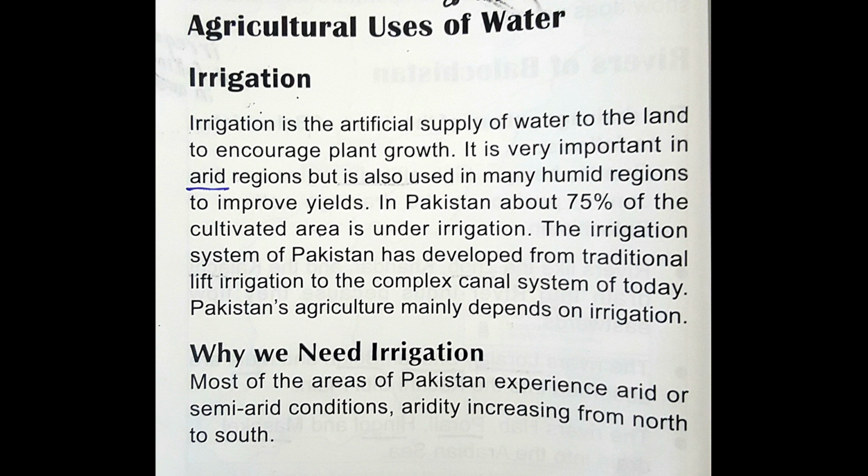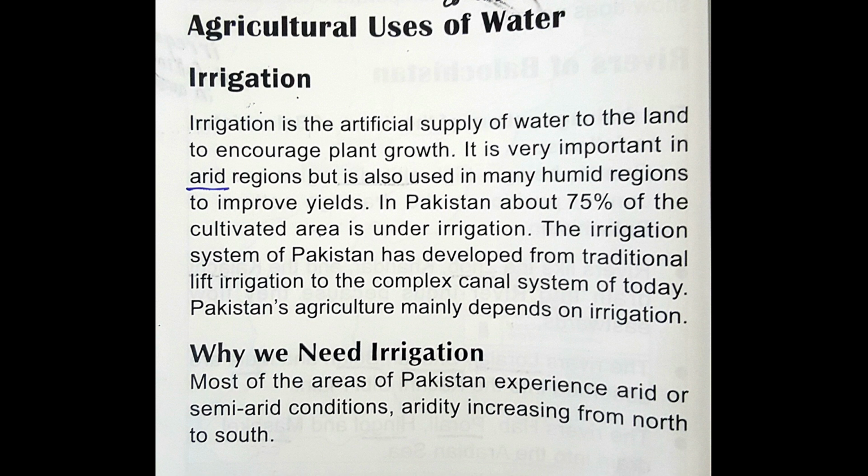Yields mean an amount produced of an agricultural product. So students, water is necessary to support barren land as well as the areas where a lot of moisture is in the air.